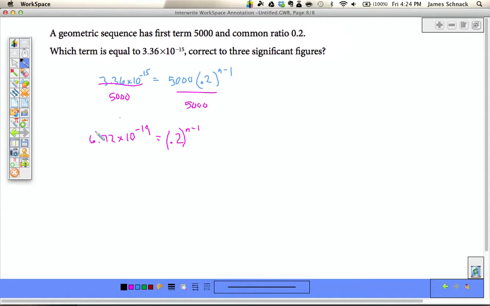Now how do we deal with this? Well, we go to logarithms. I'm going to take the common log of both sides. This is one way to do it. There are others, ladies and gentlemen. Please be aware of that.